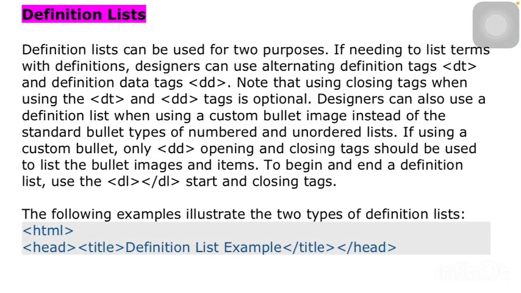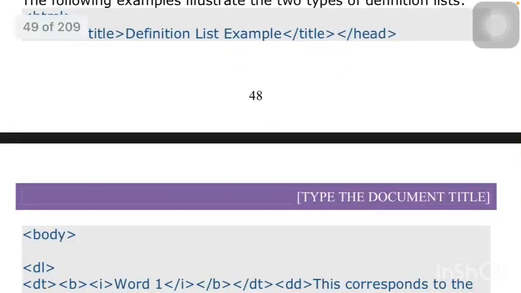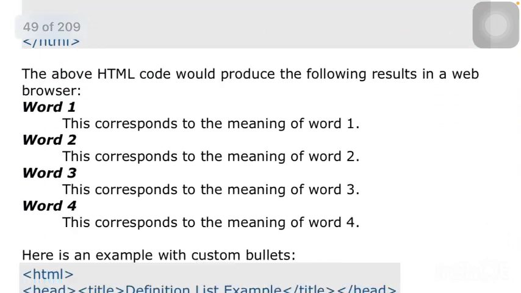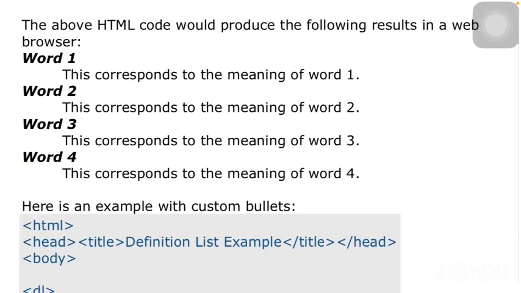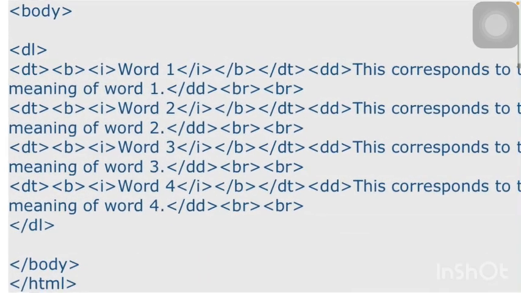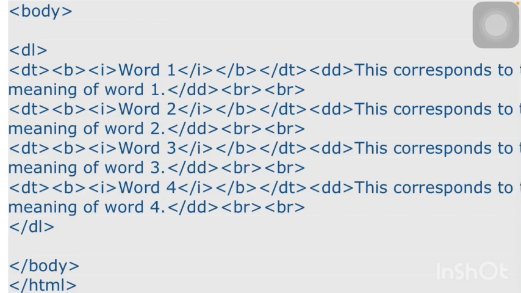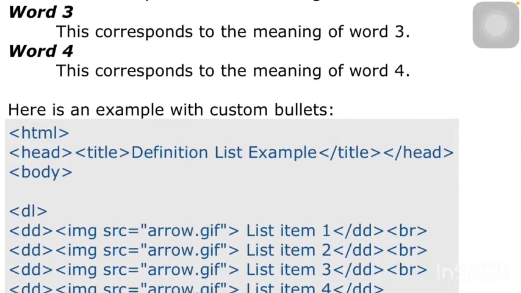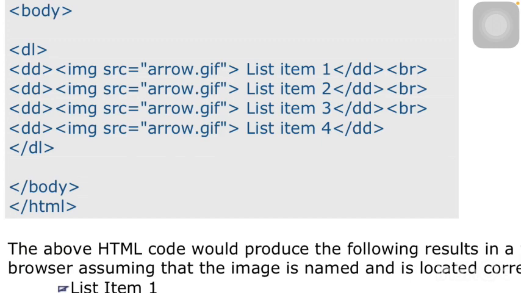Now, definition list. You go through this. Well, actually, what is going on here? DT, definition term. Then you have DD. DD should be definition description and all that.